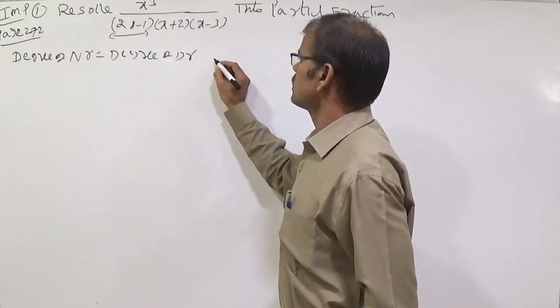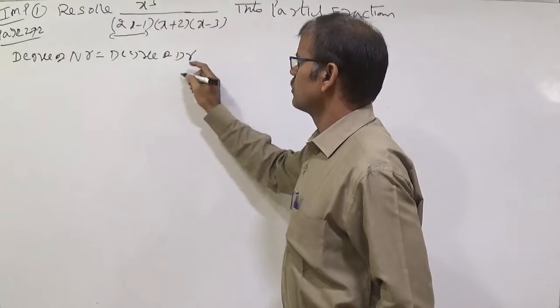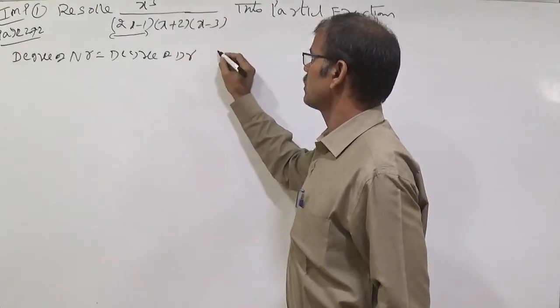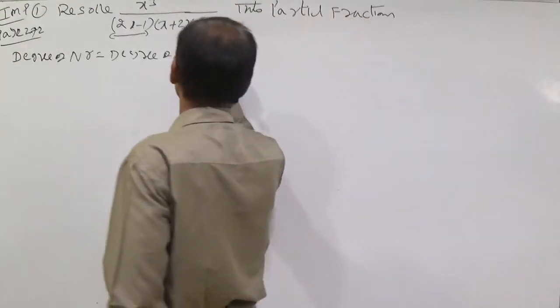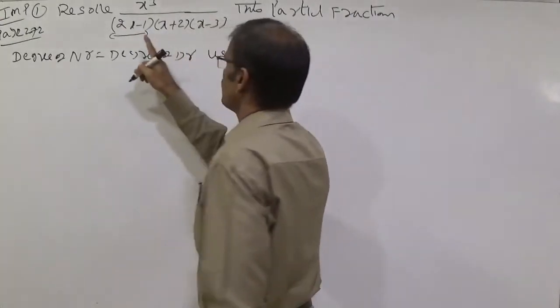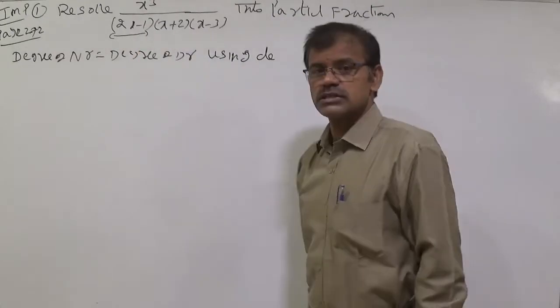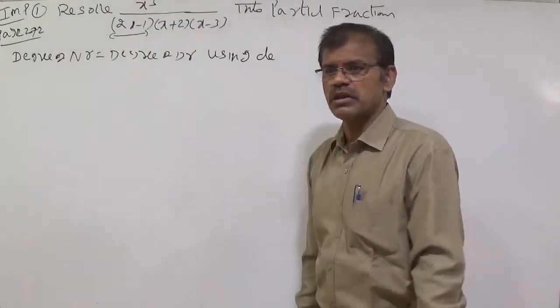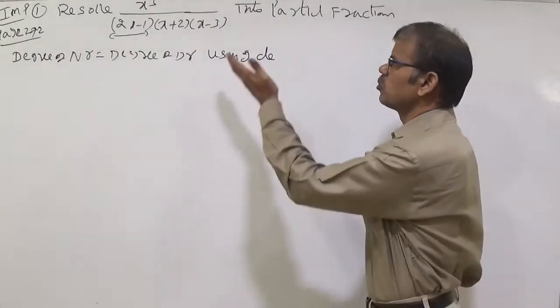So you can write here, using degree of numerator equal to degree of denominator. Using the division algorithm, taking zeroth polynomial, 2x minus 1 equal to 0, 1 by 2 plus.